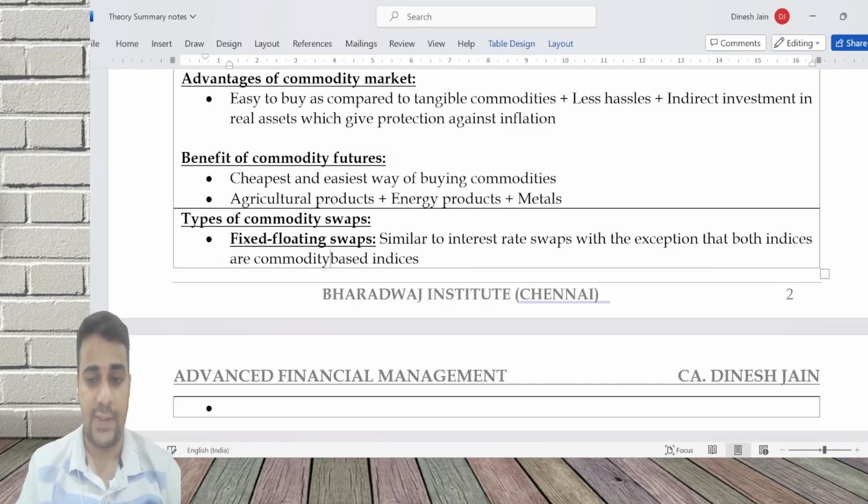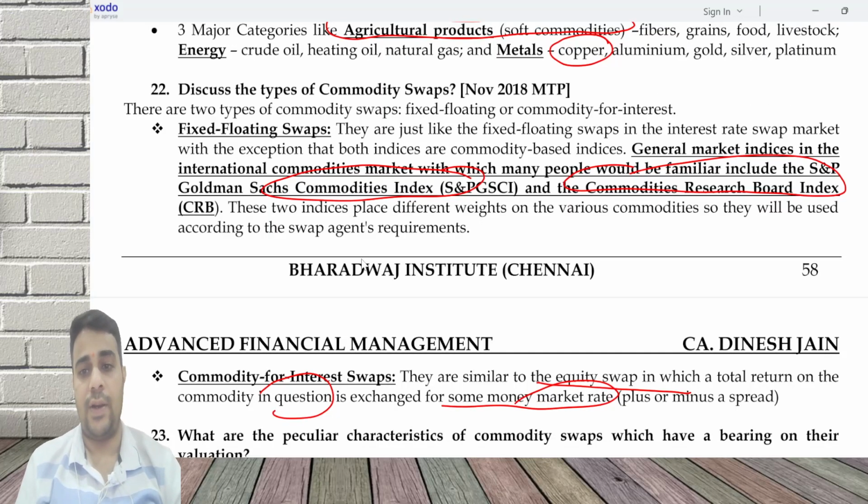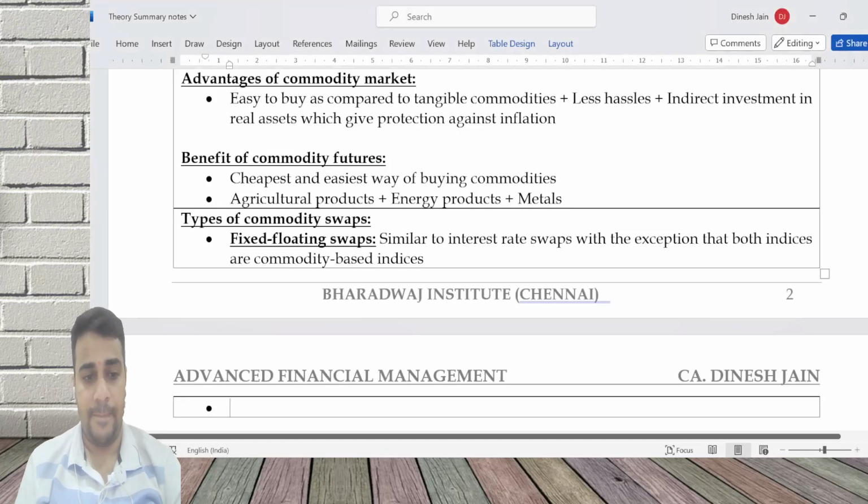Some Goldman Sachs index is there, or the other one, the Commodities Research Board index is there.